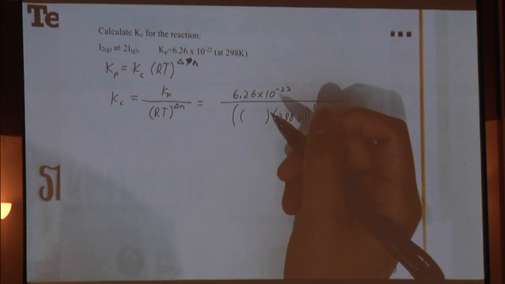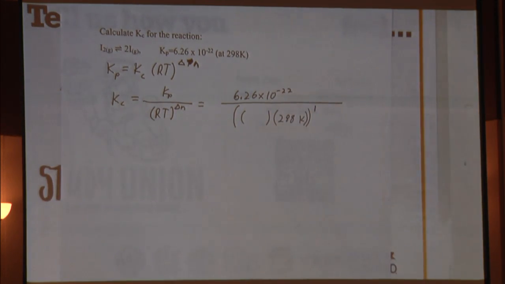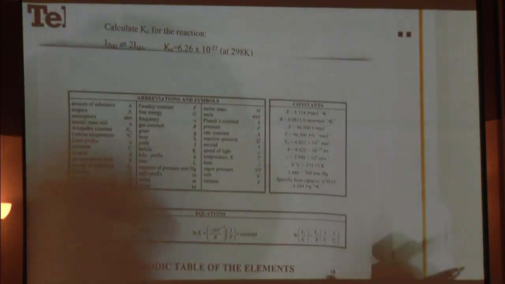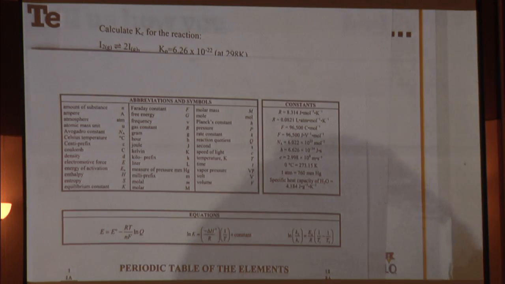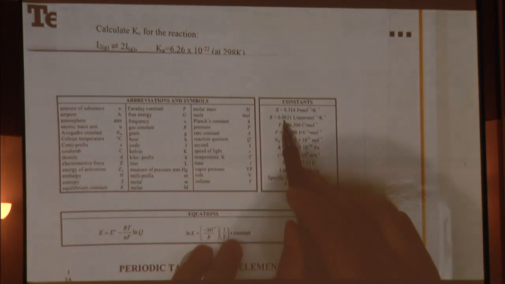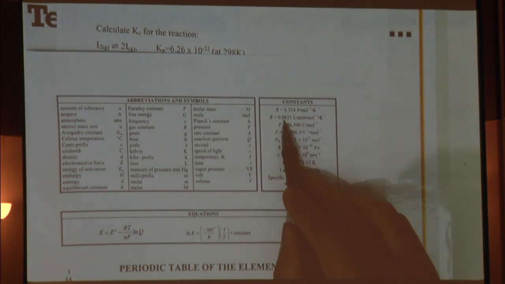And here, for this constant R, we need to go to our handy-dandy ACS reference sheet and look at the constants. And here, we're going to be using this one, R equals 0.0821.